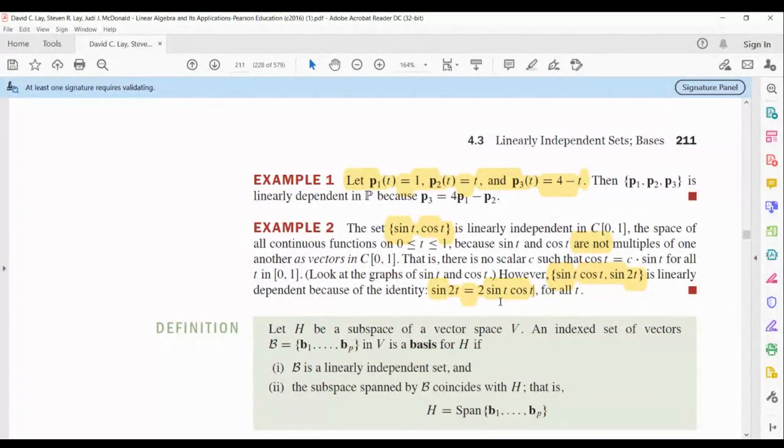So in example 2, since the sine of 2t equals 2 times the sine times the cosine, they're saying that set of three functions is a linearly dependent set.